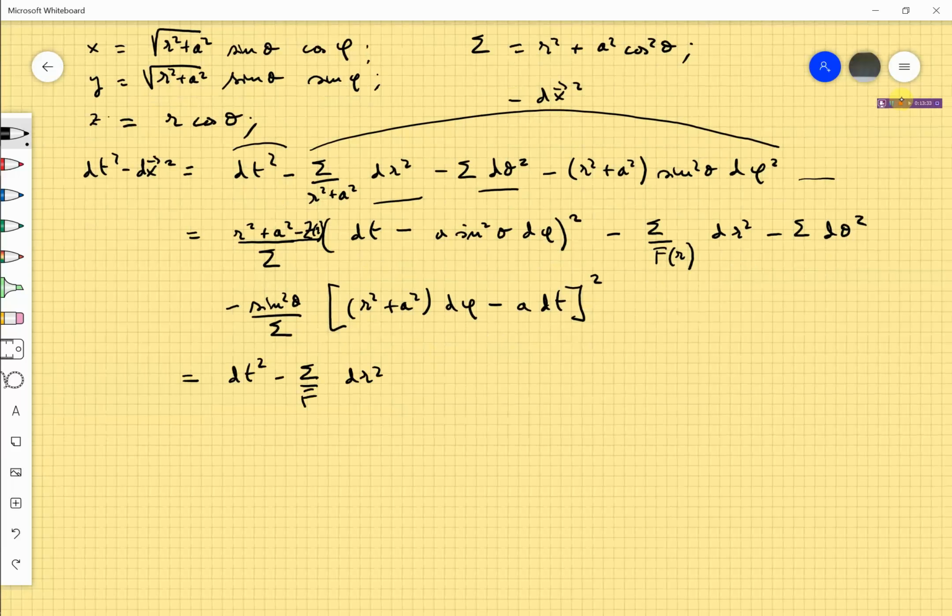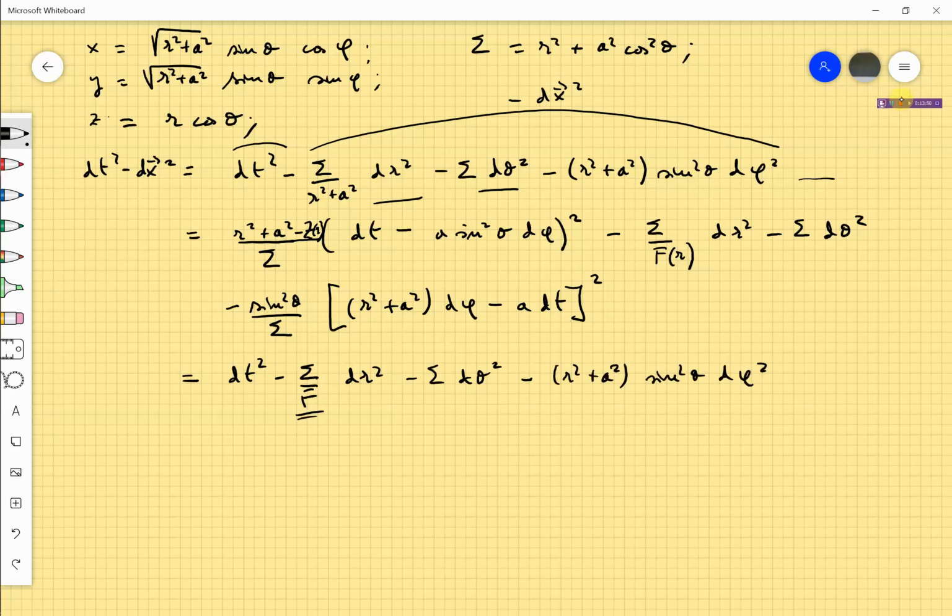This is almost like the original form, but there are some changes in a few places. d theta squared again, and minus r squared plus a squared sine squared theta d phi squared.